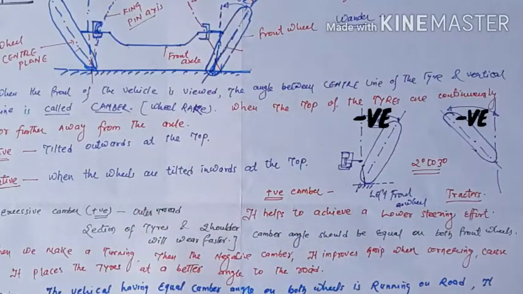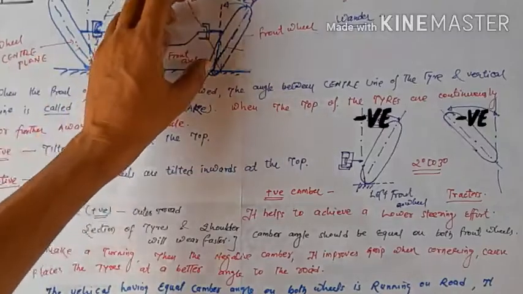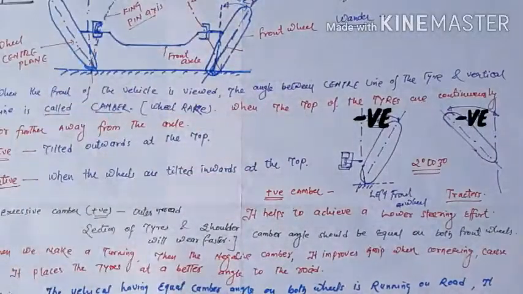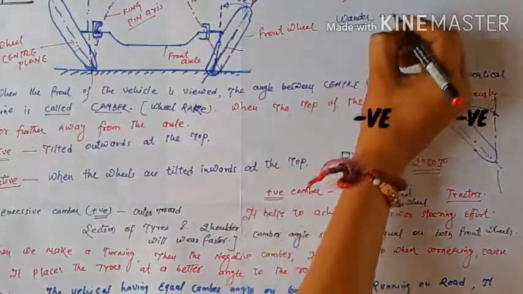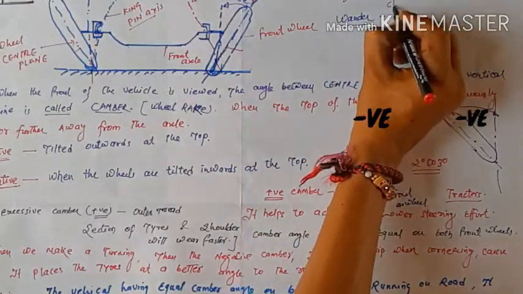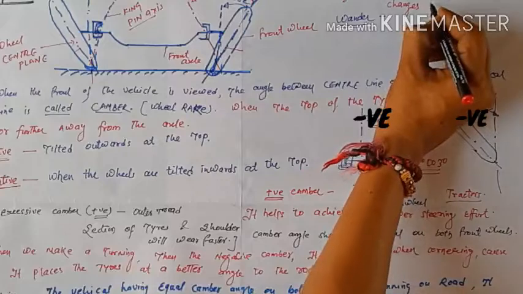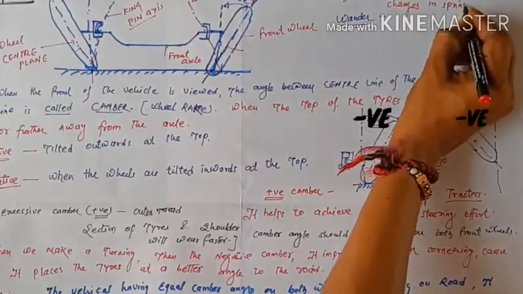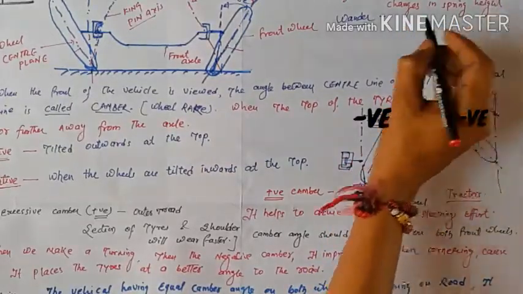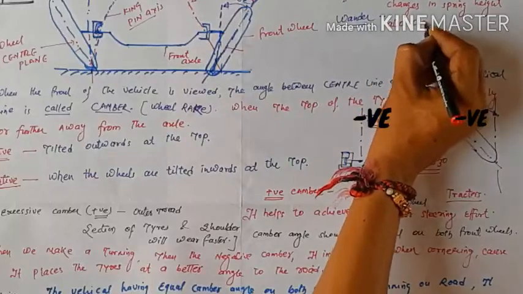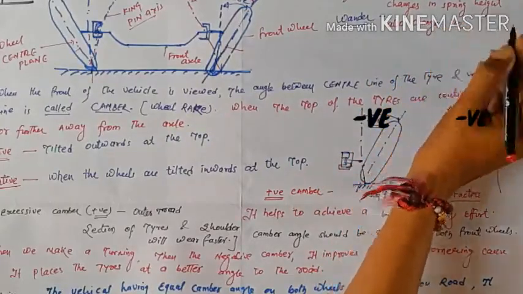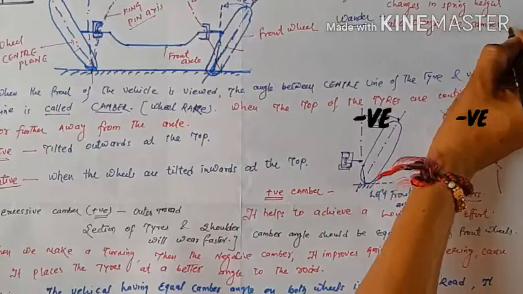The change in spring height also changes the camber. Here is the axle and here are the springs, because this is the suspension.